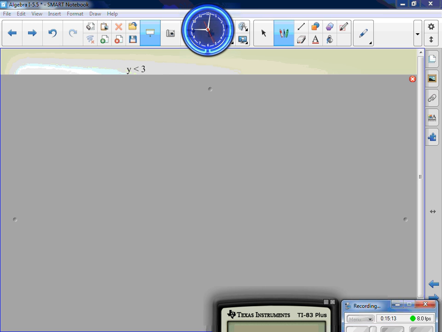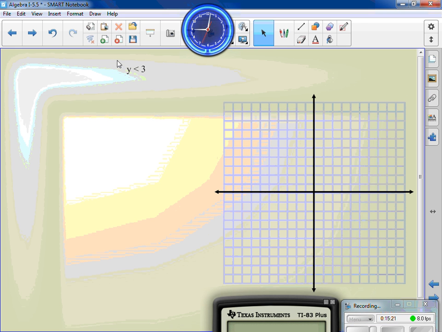Oh, there's one other thing. What type of line is Y, just Y and a number? Y is always 3. Means it is a horizontal line. This is a horizontal line that goes through 3.